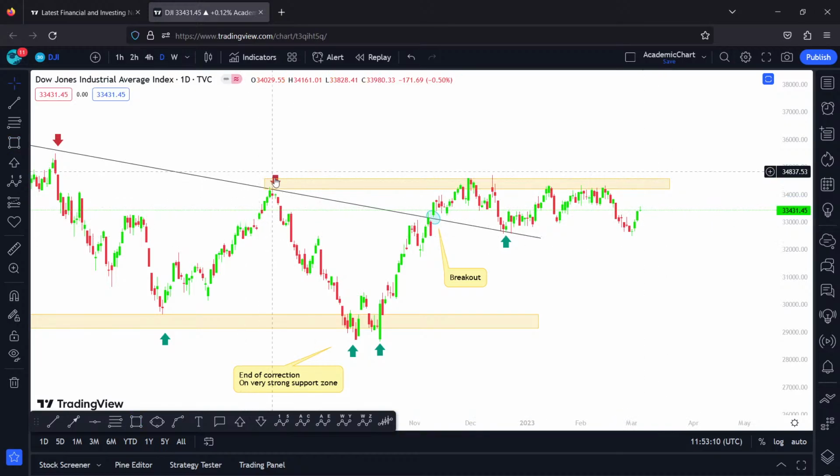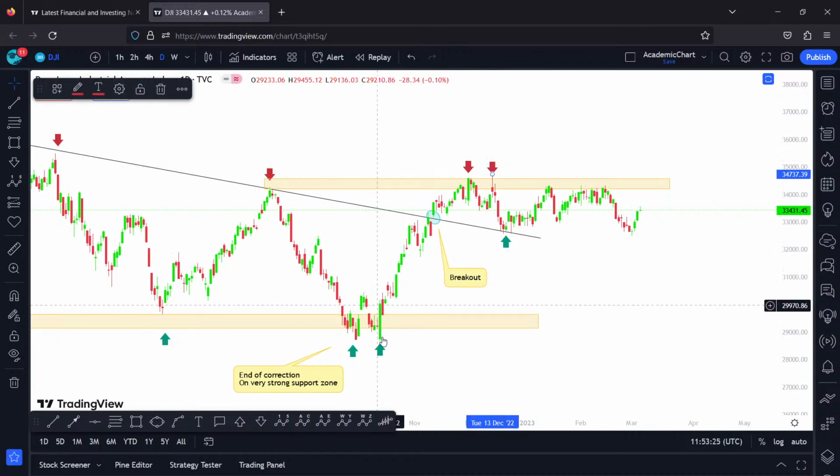I can see how many times, not just the trend line, but also this resistance zone here. After breakout, we had double top, again a reversal bad pattern. We saw it in the double bottom. This pattern again reversed, and now we're seeing double bottom, double top, and again the reverse.